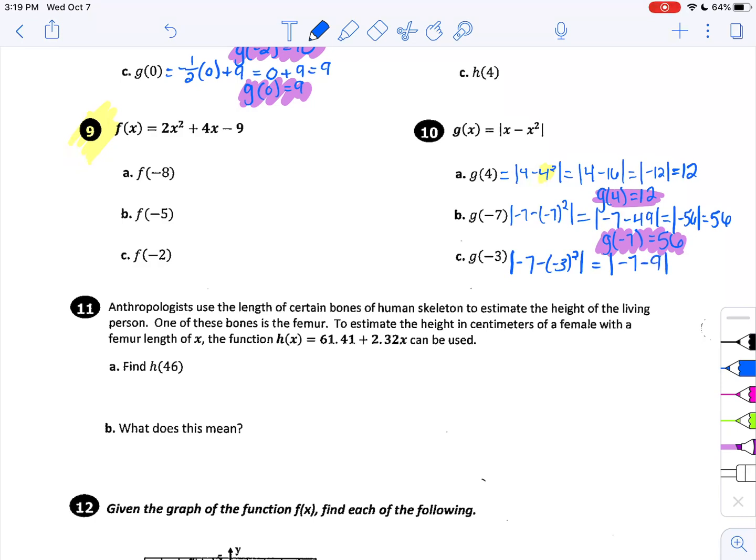Because negative 3 times negative 3 is a positive 9. Which would give us the absolute value of negative 16. And the absolute value of negative 16 is a positive 16. So g of negative 3 equals 16.